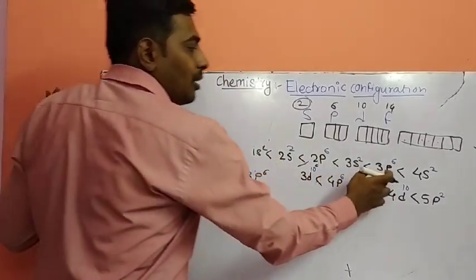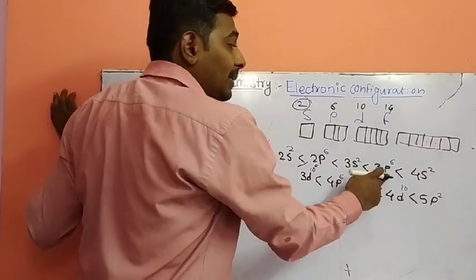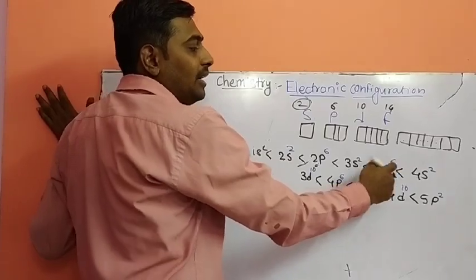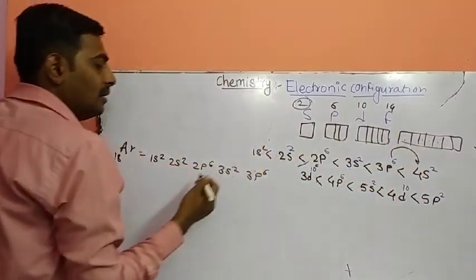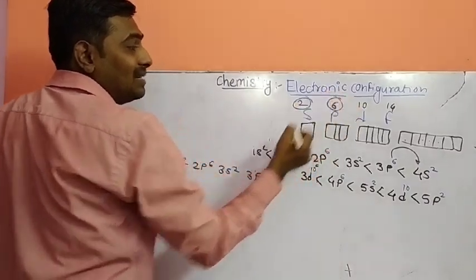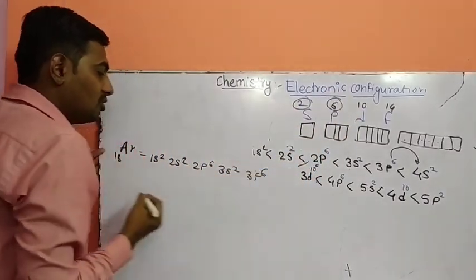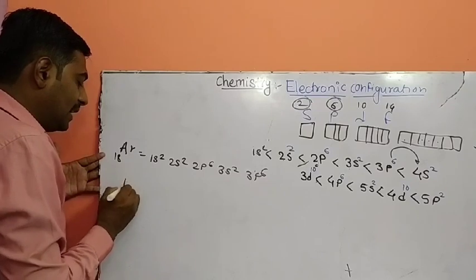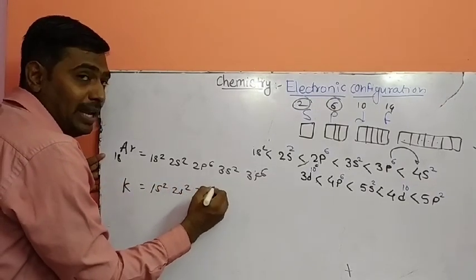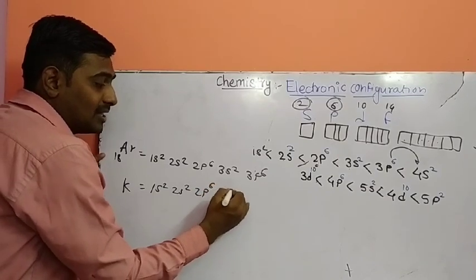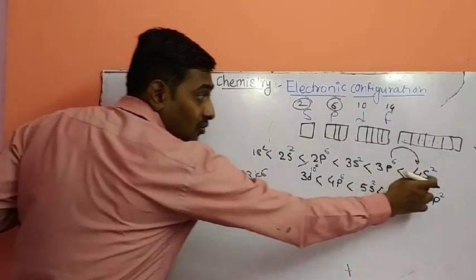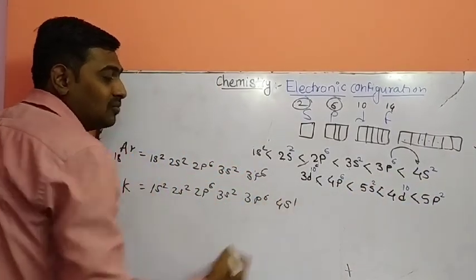What is the capacity of the p orbital? 6 electrons. If the atomic number is 19, the next electron enters in which orbital? In the next orbital. Can we write 3p7? No, because the p orbital has only 6 capacity. So what will be the electronic configuration of 19, potassium? 1s2, 2s2, 2p6, 3s2, 3p6, and the next electron enters in the 4s orbital, 4s1.